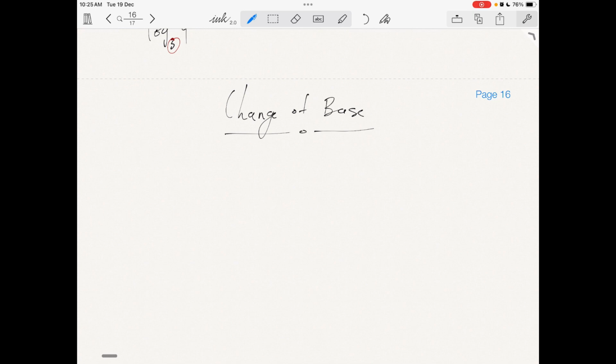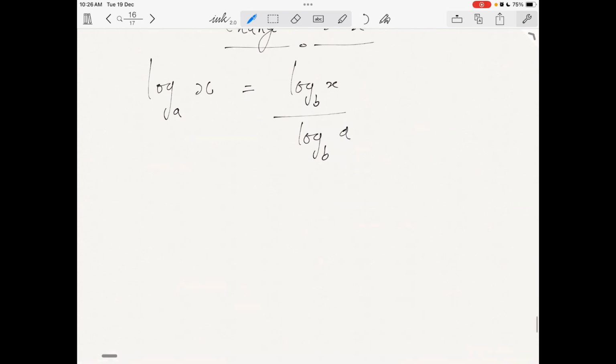We have that log of a to base x can be changed to log to base b, so we have it to be log b of a divided by log b of x. So we are introducing a new base entirely. This is the change of base formula which relates the logarithm of a number relative to two different bases.